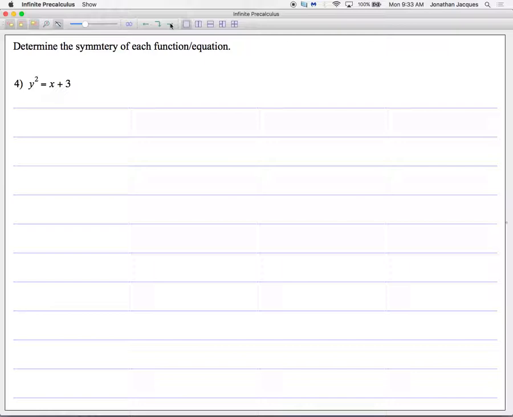Let's try this one. Let's try to show that it doesn't have origin or y-axis symmetry by plugging in 1 for x. 1 in for x would be y squared equals 4.